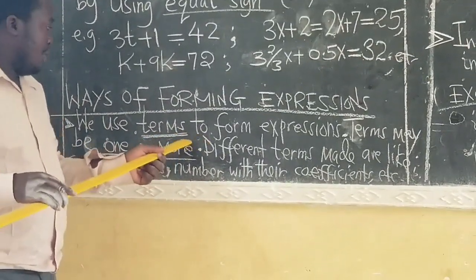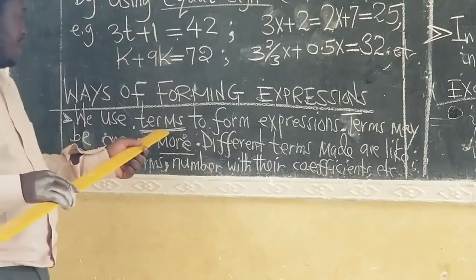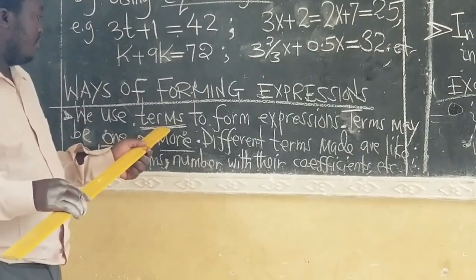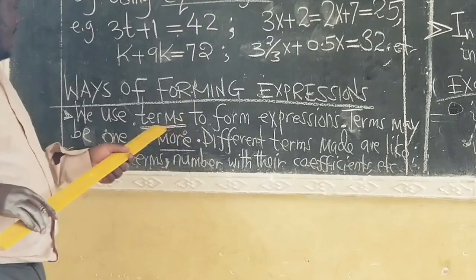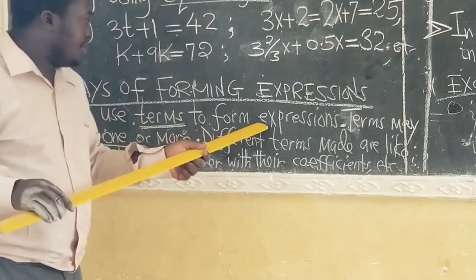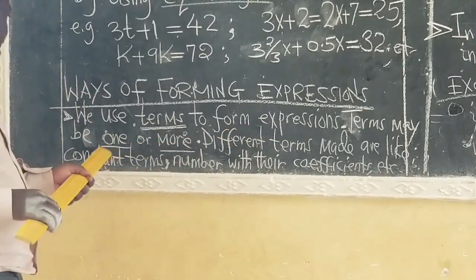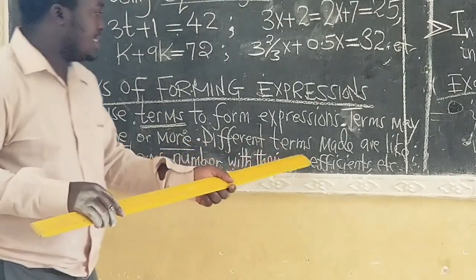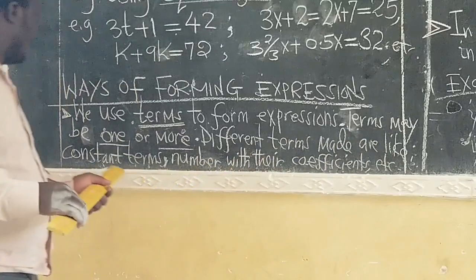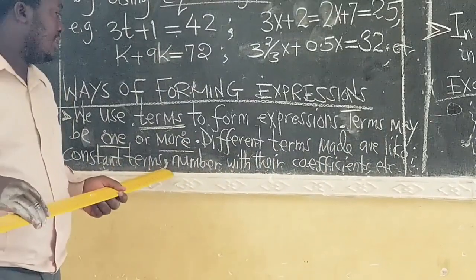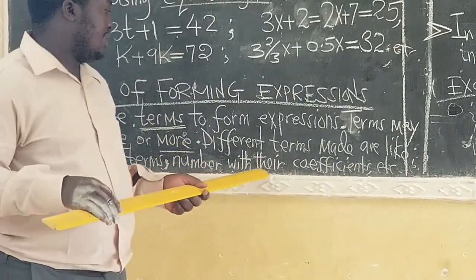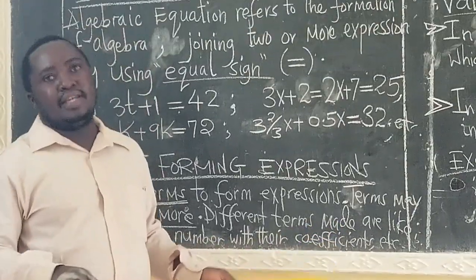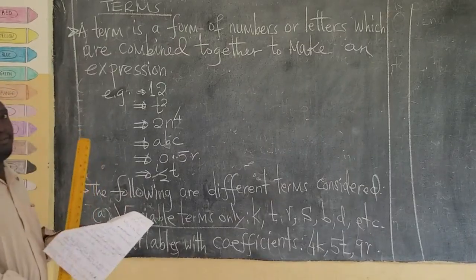So, we have to understand the term, what does it mean? Terms are used to form expressions. Terms may be one or more. Different terms include constant terms, numbers with their coefficients, etc. What is a term?